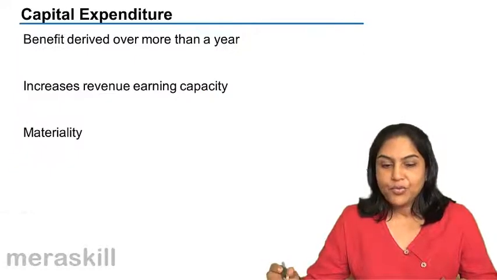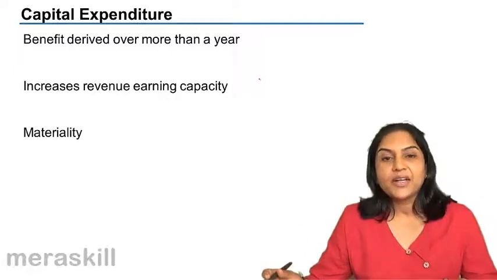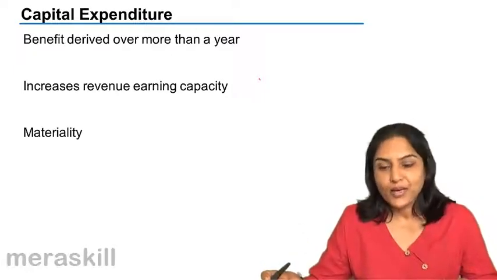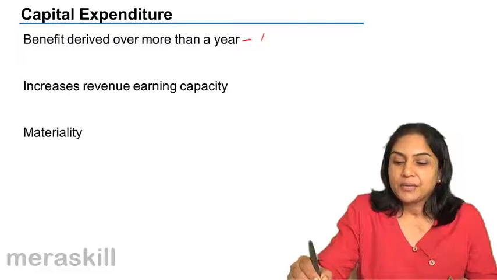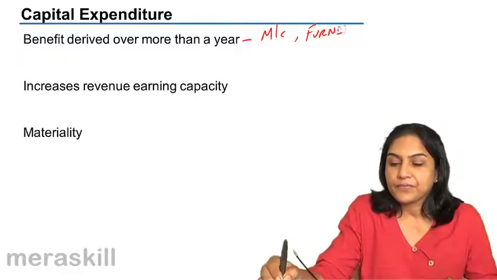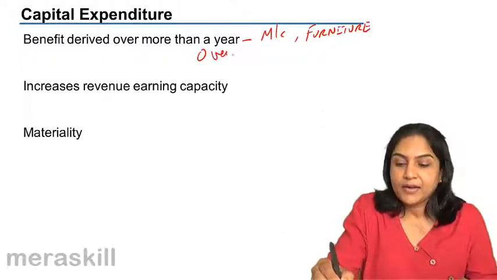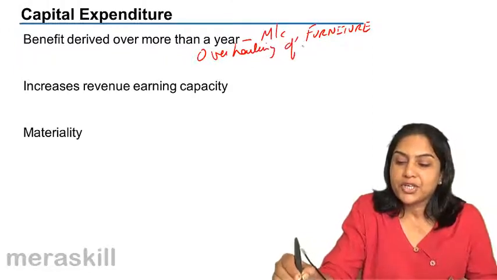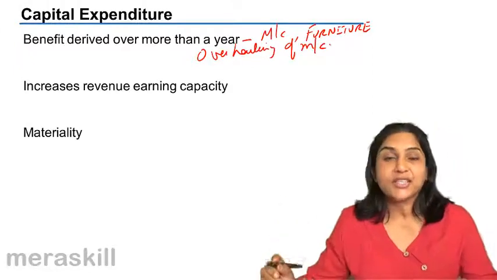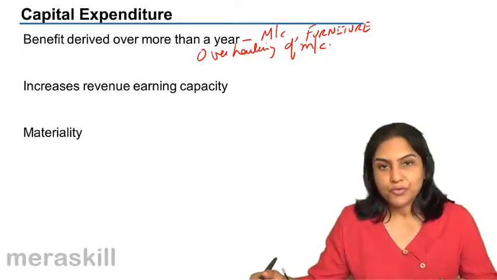So once more, what is a capital expenditure? A capital expenditure, the benefit is derived over more than 1 year. You buy furniture, machinery, heavy repairs, overhauling of machinery such that its efficiency has improved.